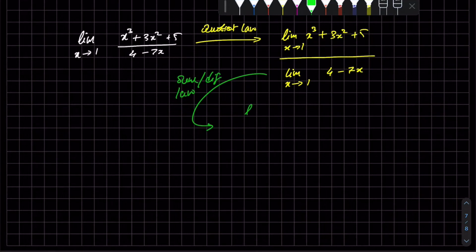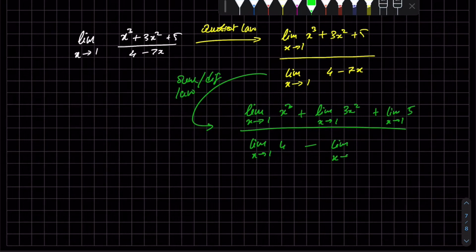So this is the limit as x approaches 1 of x cubed, plus the limit as x approaches 1 of 3x squared, plus the limit as x approaches 1 of 5, divided by the limit as x approaches 1 of 4 minus the limit as x approaches 1 of 7x.